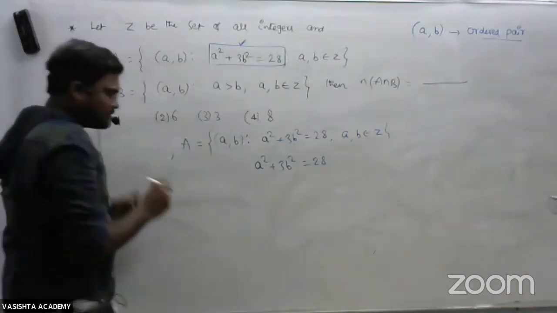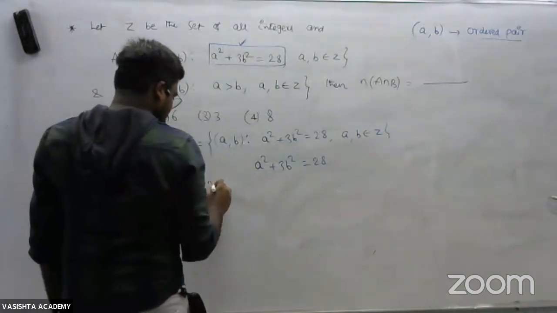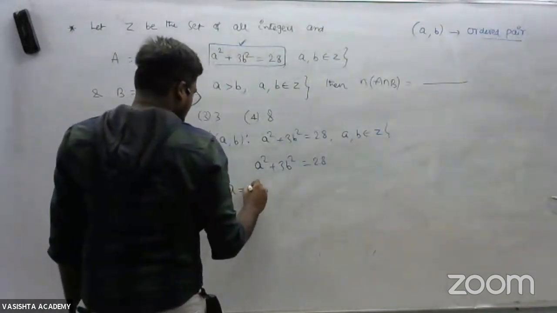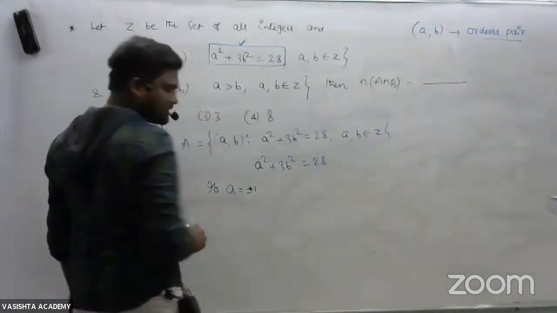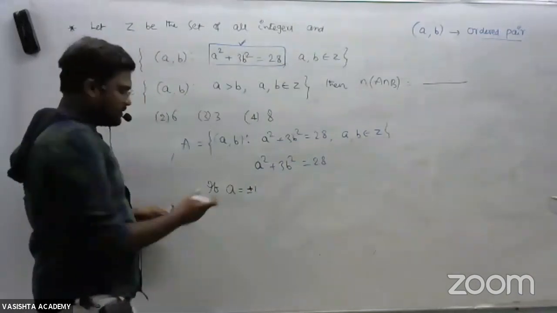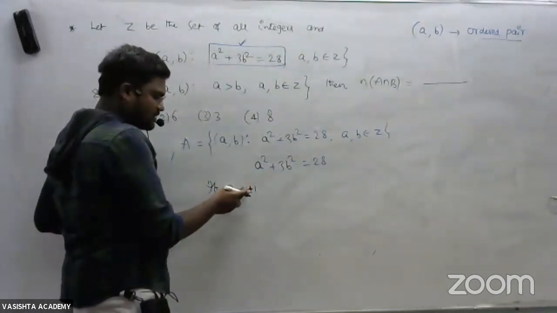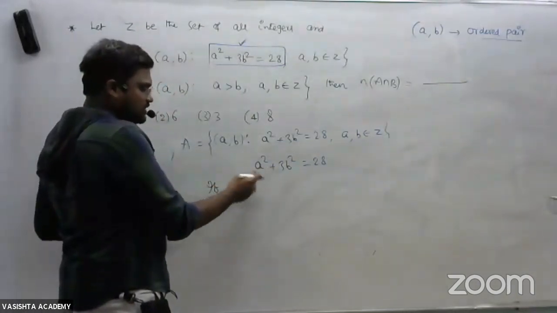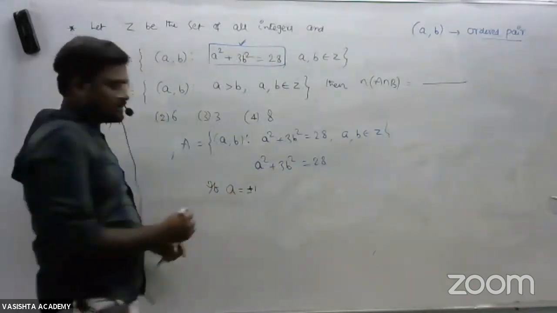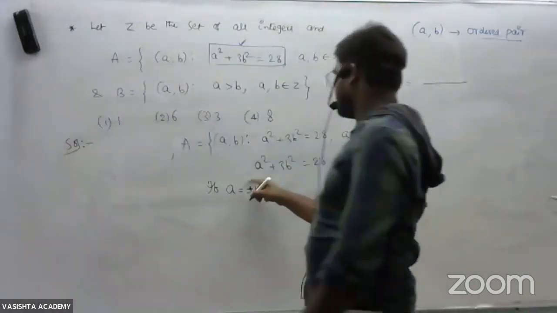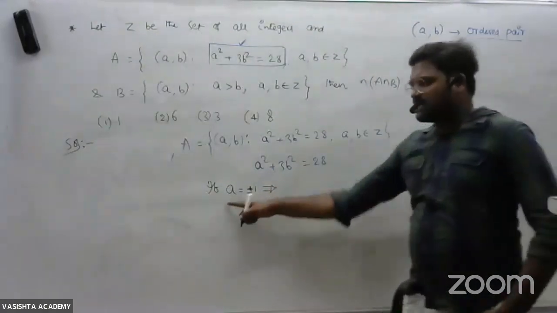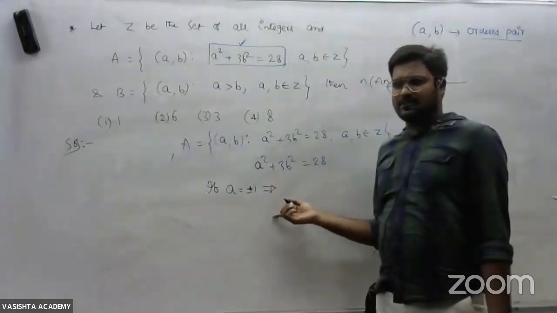Understood? Now see, first, if I take a equal to plus or minus 1, I directly take plus or minus 1, because square is there. Even if you take plus 1 or minus 1, a square will be plus 1 only. Now if I take a as plus or minus 1, either you can take a or b, doesn't matter.